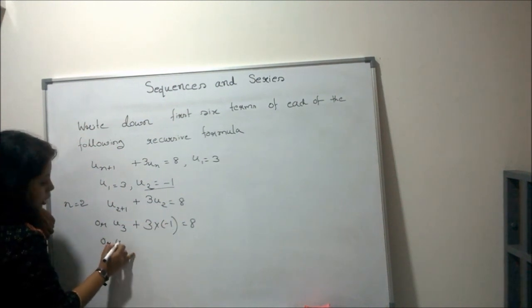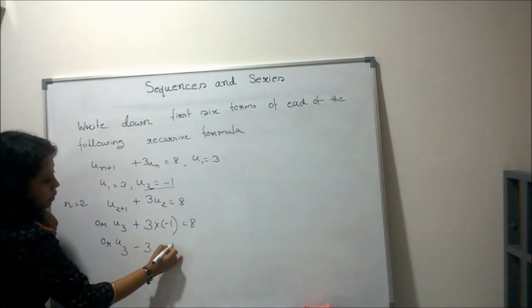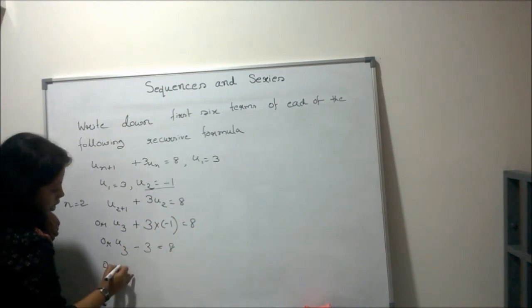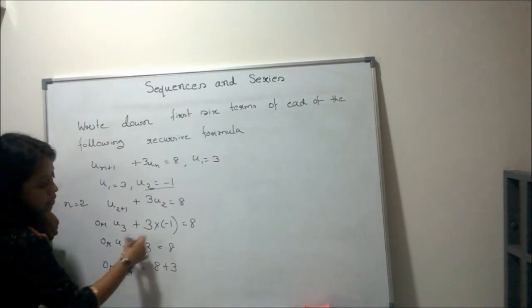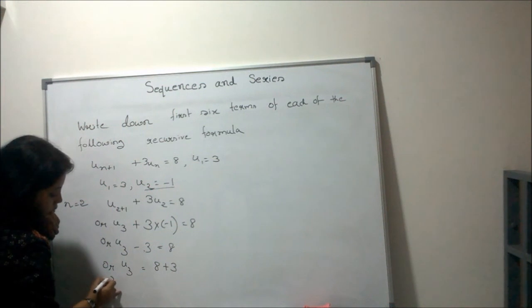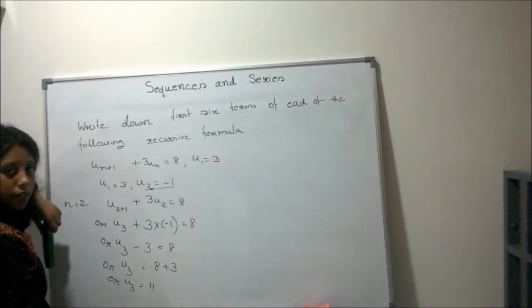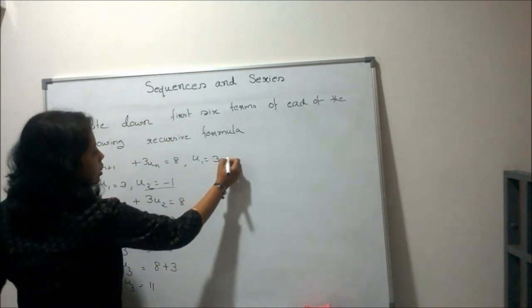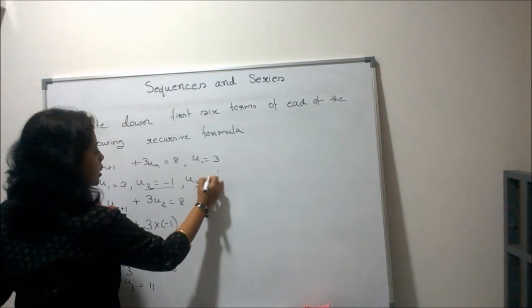So u3 is minus 3 plus 8... sorry, u3 minus 3 is 8, and minus 3 goes to that side, so u3 is 8 plus 3. So u3 is 11.